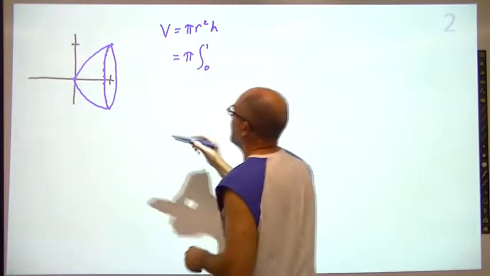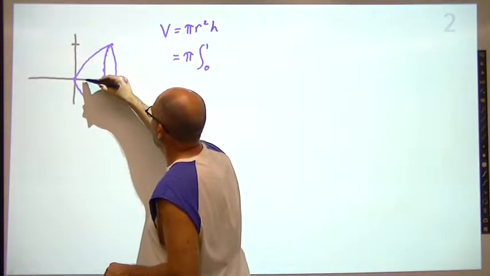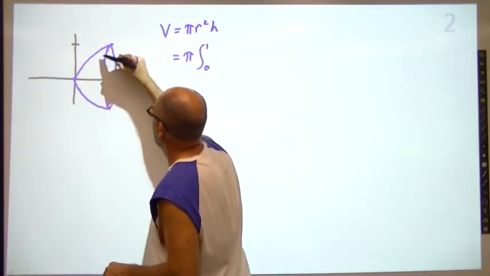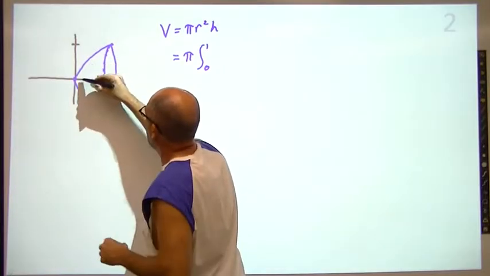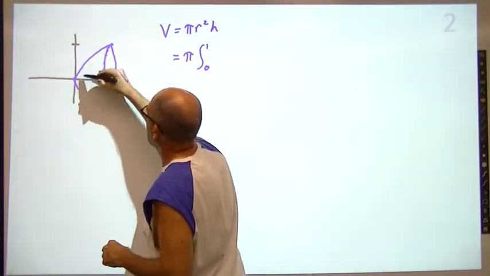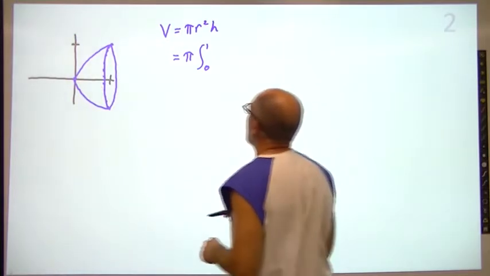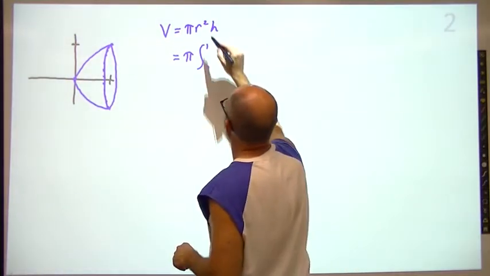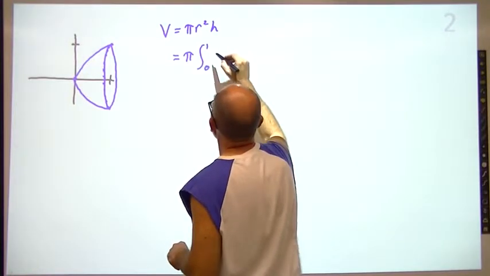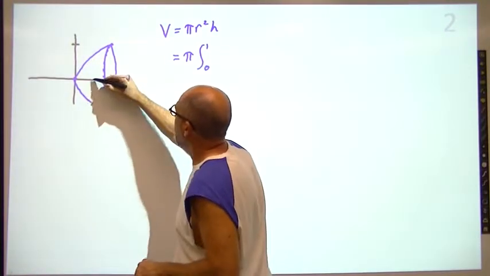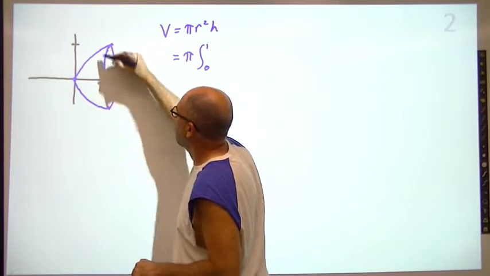Well, it's the radius at any point along here, so that radius is going to change as we go. So it's pi r squared. Now r becomes the function because at any point here the function is my radius.